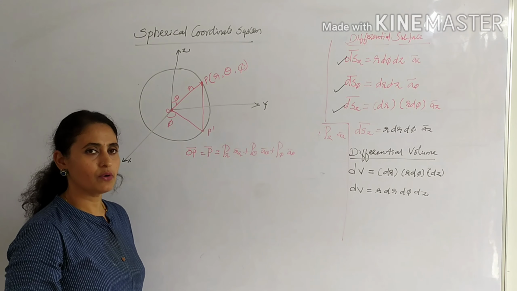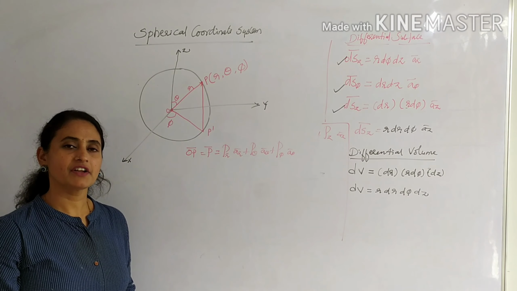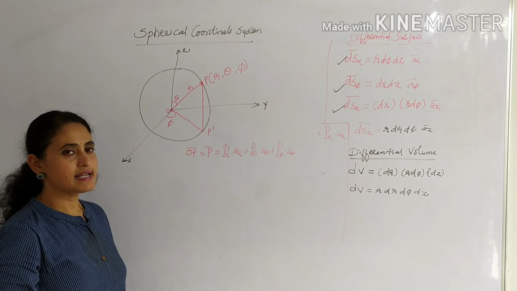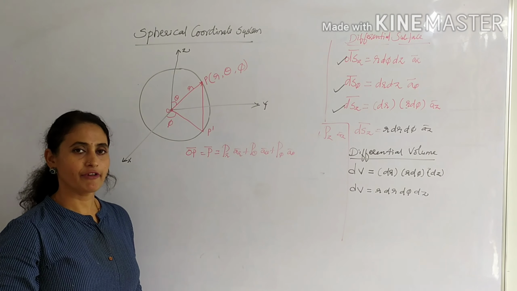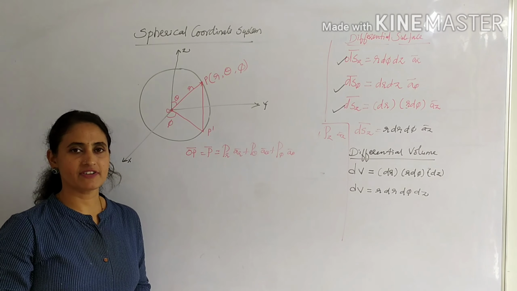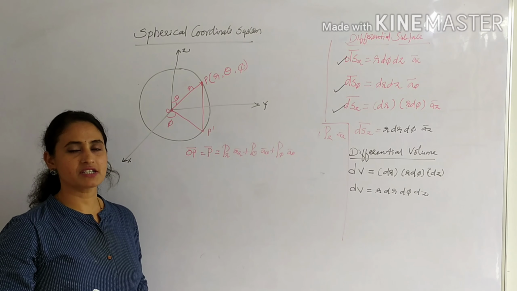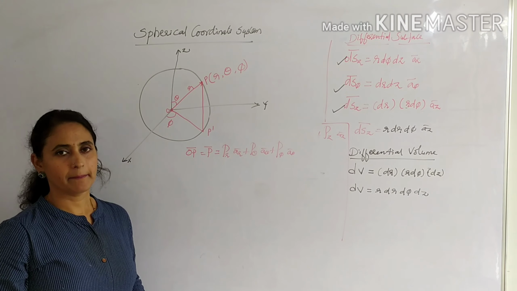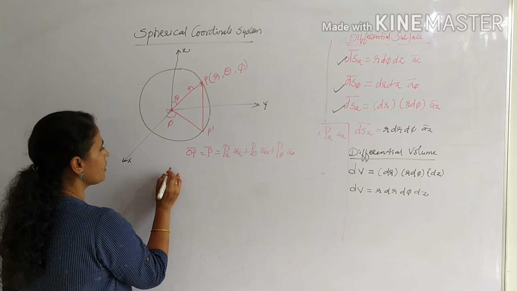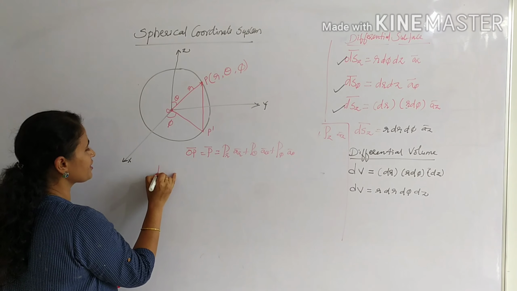Now let us obtain the differential elements in the spherical coordinate system. We know that the differential elements will be produced by the small shift of the point P to P dash.